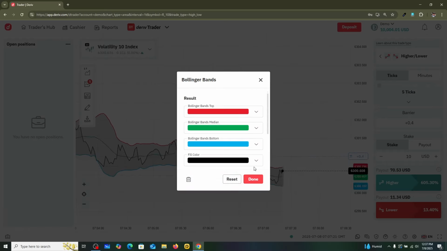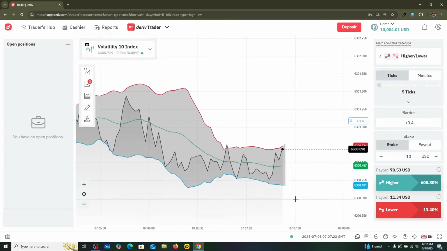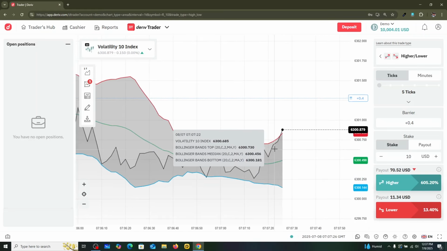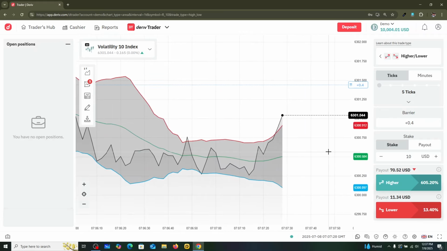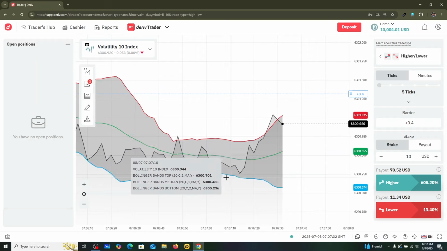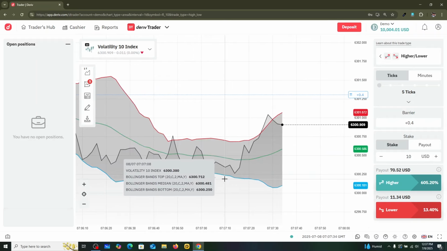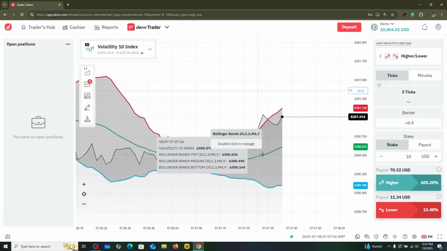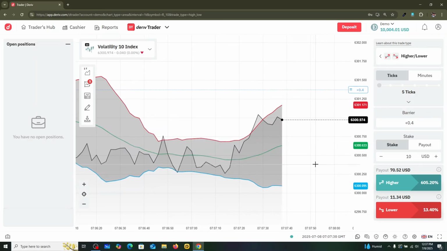Now you can see the market is always the black line, and the upper line of the Bollinger Band is red, the lower line is blue, and the middle one is green.